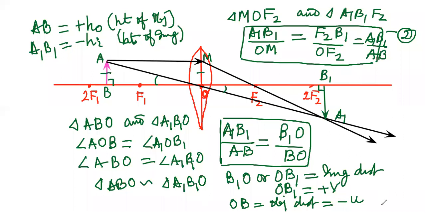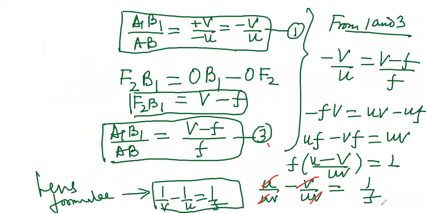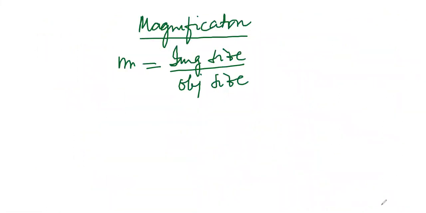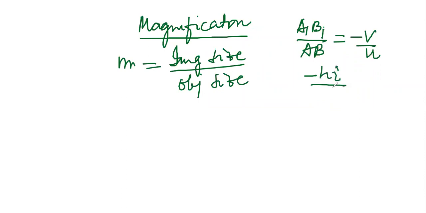So what can I say from here? From equation 1, I can write A1B1 by AB, which I have written as minus V by U. Instead of A1B1, I can write minus HI divided by HO, and this is equal to minus V by U. Now magnification, I told you, is image size, that is HI by HO.